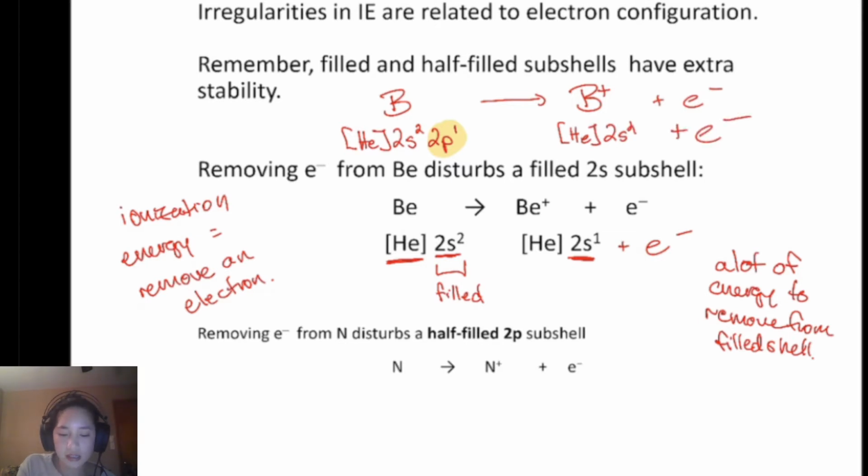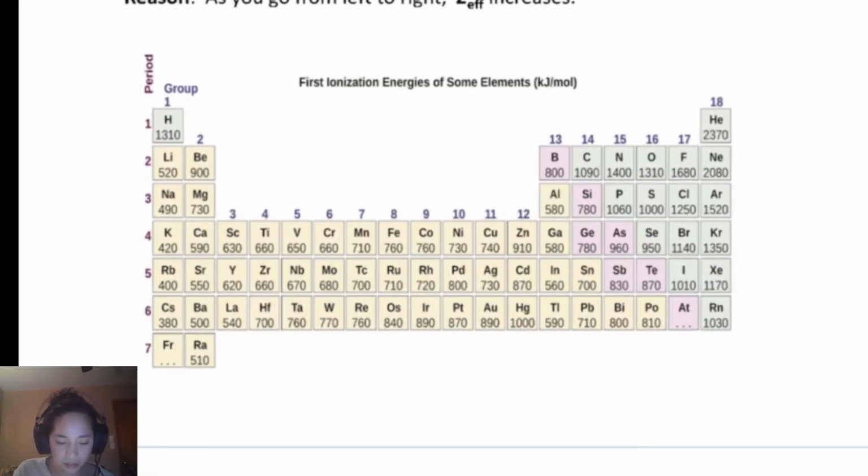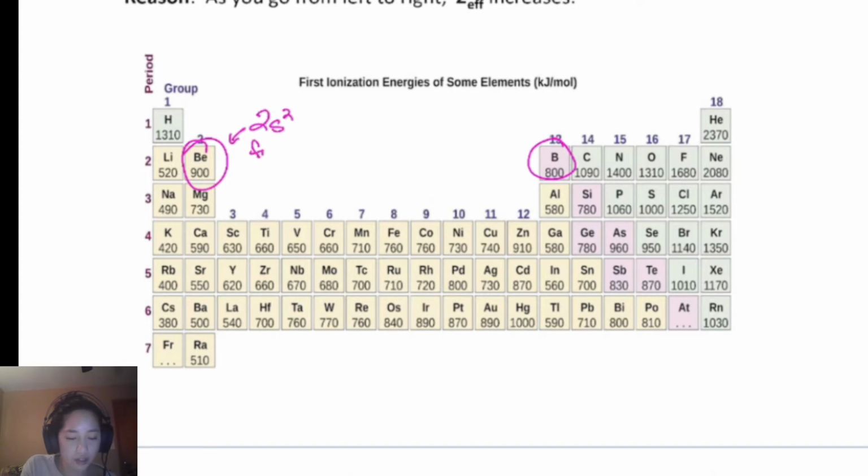So in boron, this electron is easier to remove, and that is reflected in the value of our ionization energies for beryllium and boron. The 2s is already filled, so it's going to be a lot harder to remove.